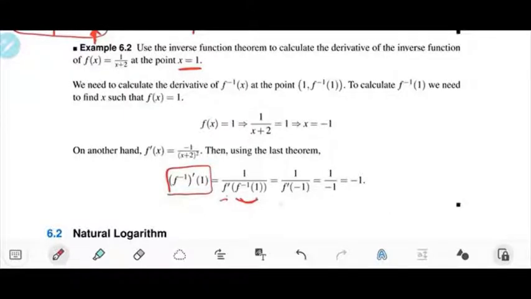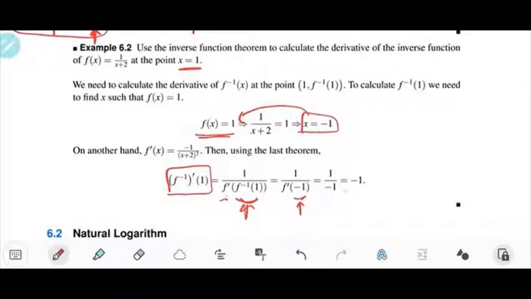So it's 1 over f prime of minus 1, because minus 1 is the pre-image of 1, and to know this, we calculate f of x equals 1. It means that 1 over x plus 2 equals 1, then x equals minus 1. So the point whose image is 1 is minus 1. So it's f minus 1 of 1, which is minus 1.